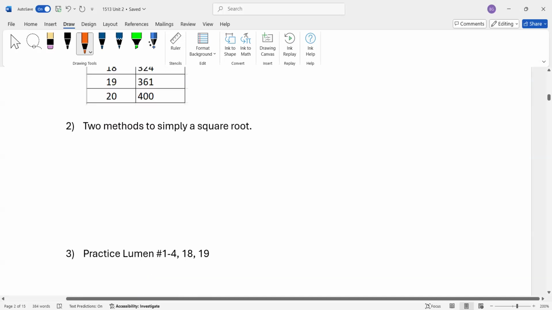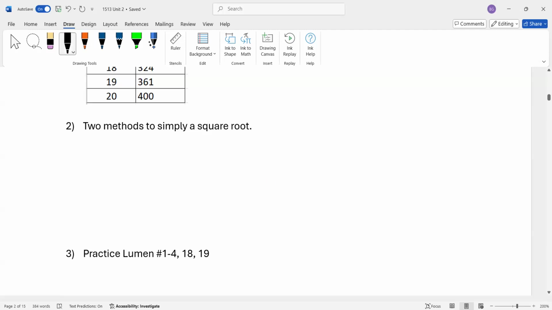Some of the questions in Lumen require you to simplify a square root. For example, earlier I gave you a formula that you can use to rewrite a square root of a negative number. Let's say it's negative 20. The first thing, when you see a square root of a negative number, use the formula right away.